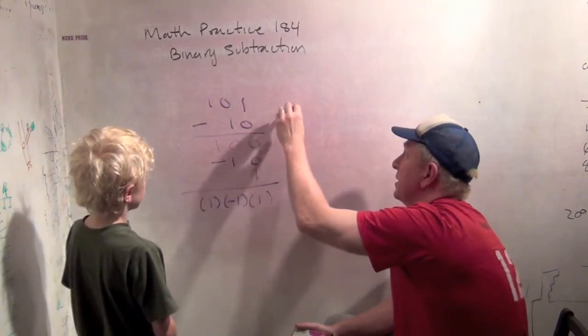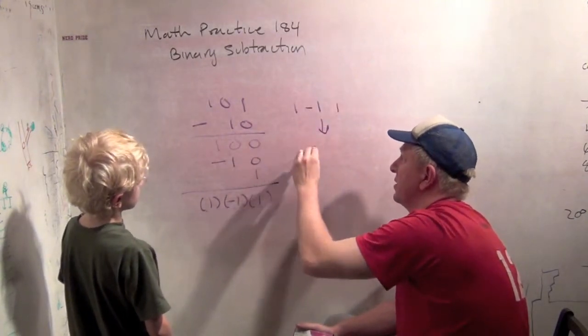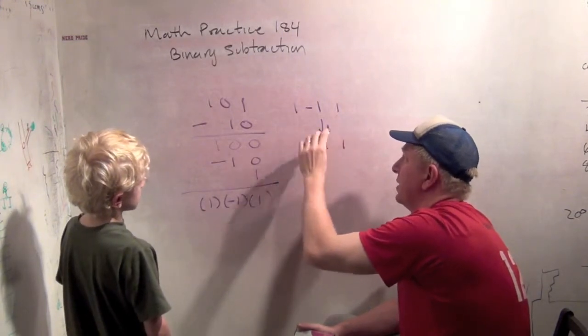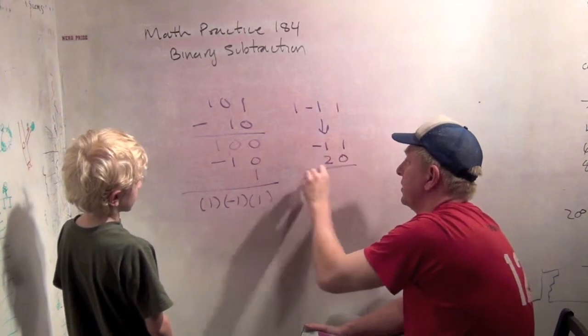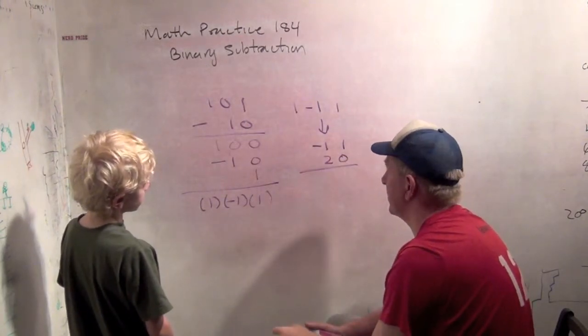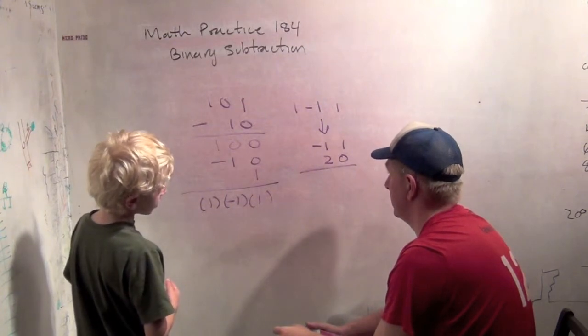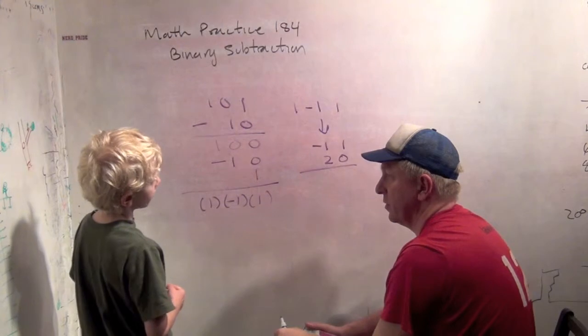So 1 minus 1 is the same as minus 1, that's this part, and this 1 becomes a 2. Now what do I get when I add those together? Minus 1 plus 2 is 1.